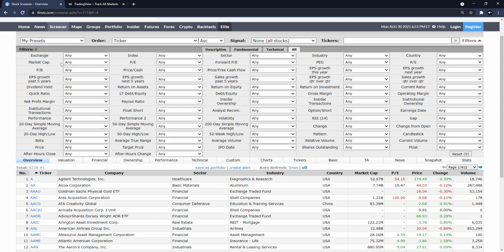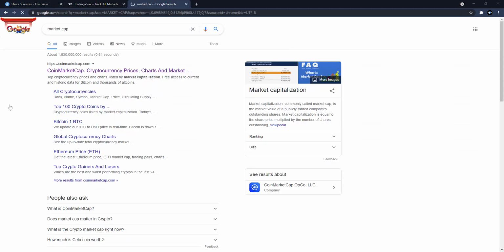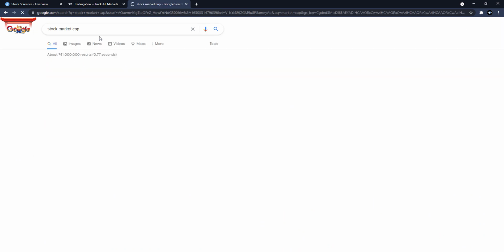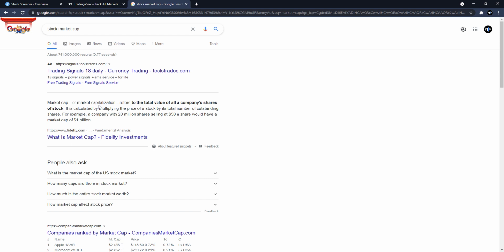Market capitalization is calculated by multiplying the price of a stock by its total number of outstanding shares. For example, a company with 20 million shares selling at $50 a share would have a market cap of $1 billion. So you just multiply.